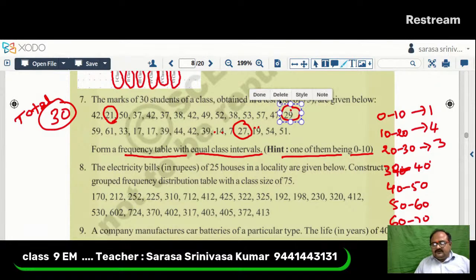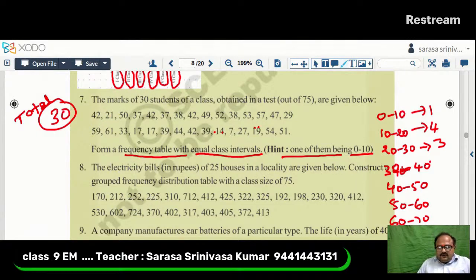Now let us consider the next class interval, that is 30 to 40. Let us observe the first. Here 30 to 40 means 37. Next 38, 38, 37, 37.